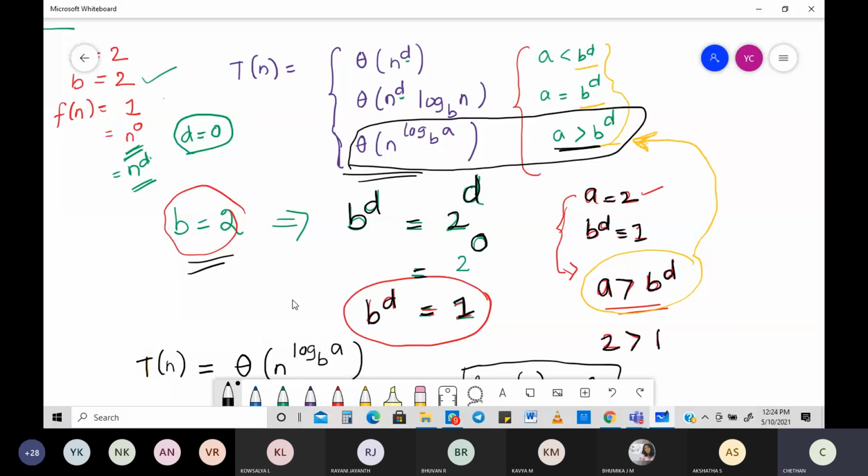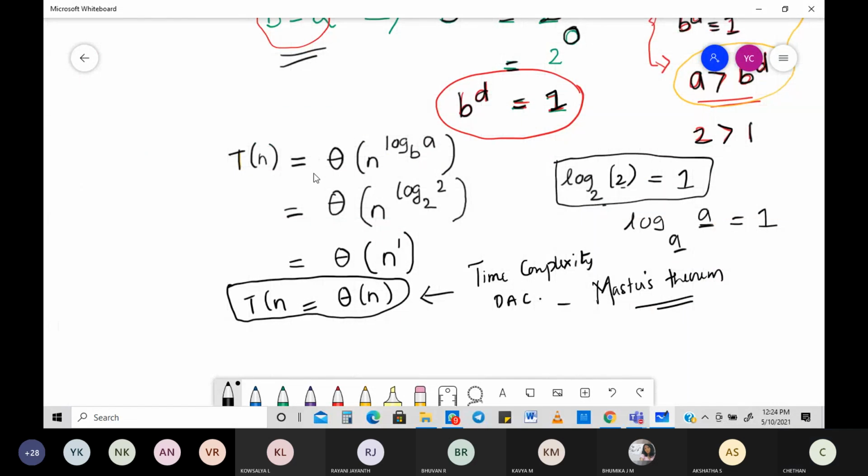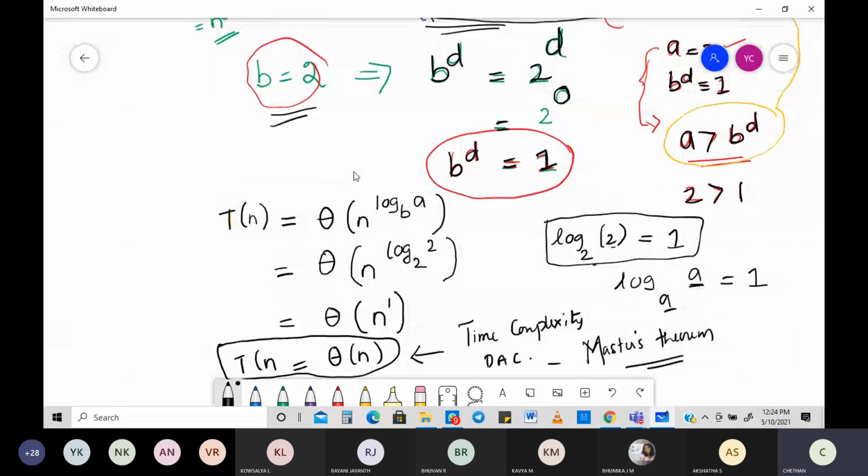I put those values here. So n to the power of log 2 to the base 2, then you have theta of n to the power of 1.